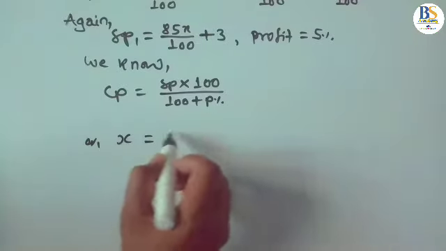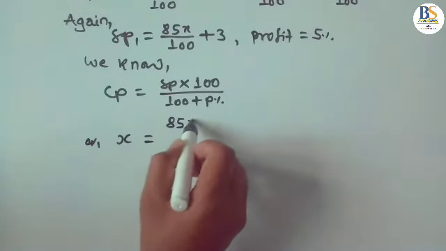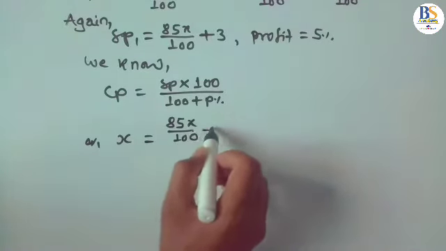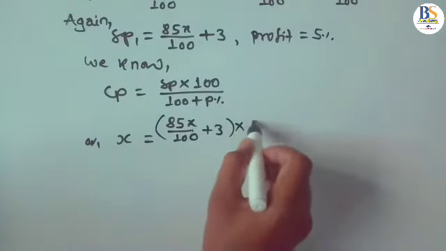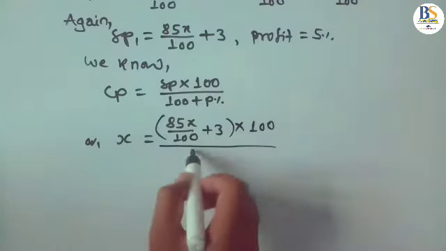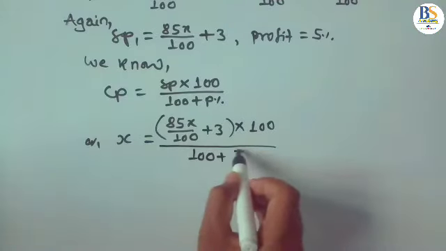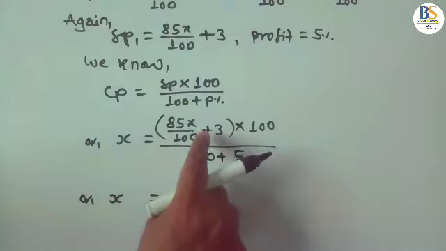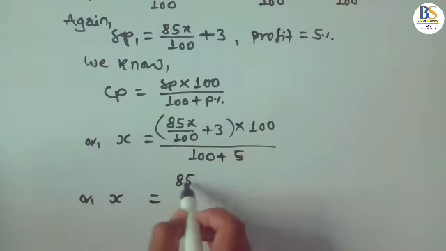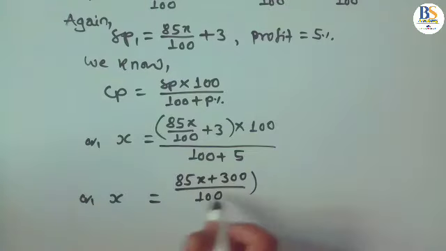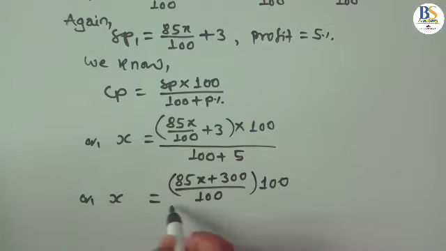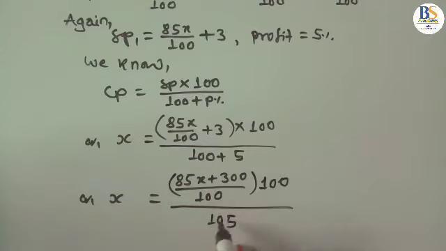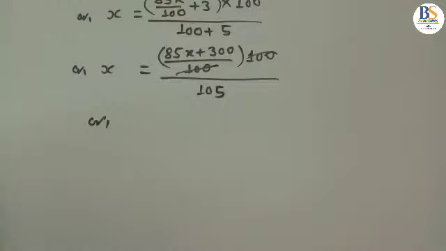Our CP is X, SP is 85x upon 100 plus 3 times 100 upon 100 plus 5. Then solve by taking LCM at the numerator. That is 85x plus 300 upon 100 times 100 divided by 105. Then 100 cancels out.